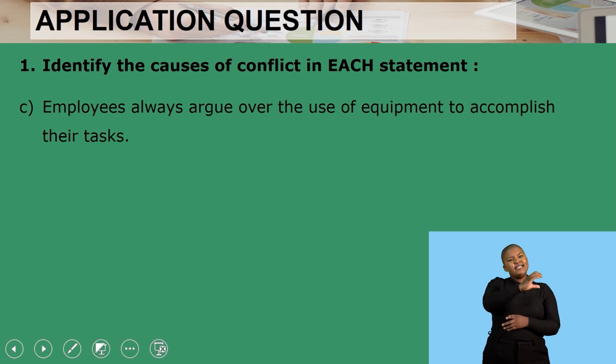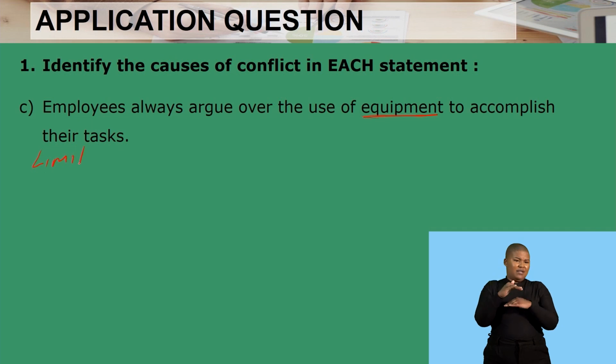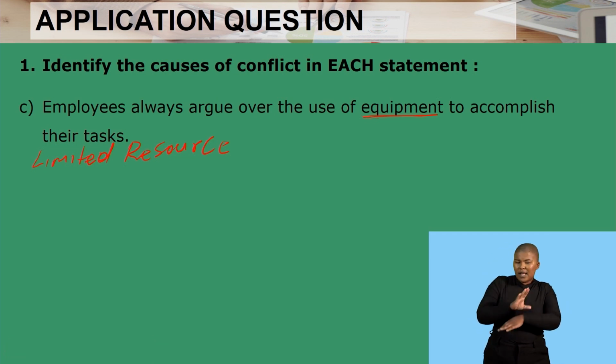Option C says employees always argue over the use of equipment to accomplish their tasks. Fighting over equipment means there is less equipment in the business. So another matter that can cause conflict is limited resources. Limited resources in an organization can lead to conflict because employees would fight over the use of a computer or a printing machine, because there are only one or two and the organization might have more workers who need the machine.